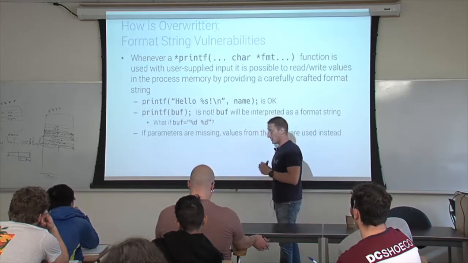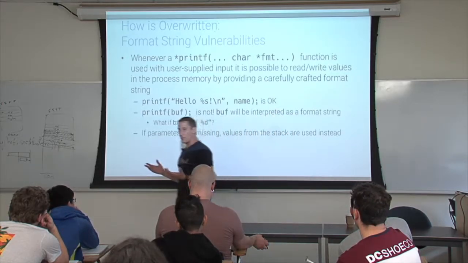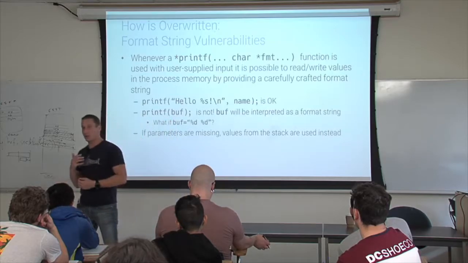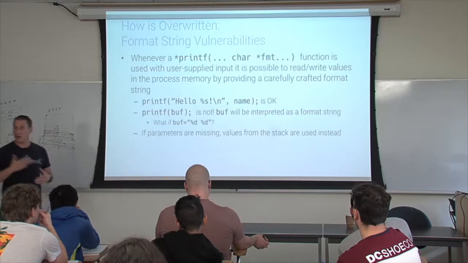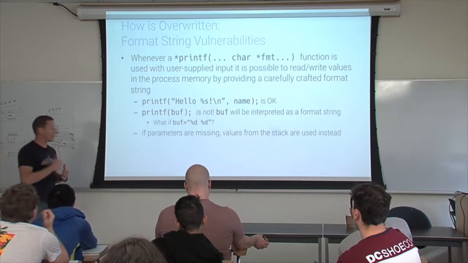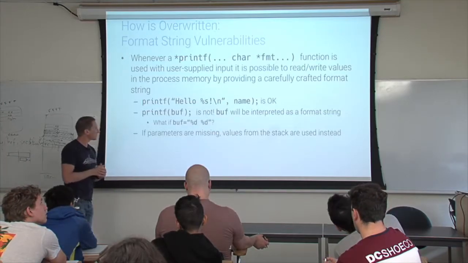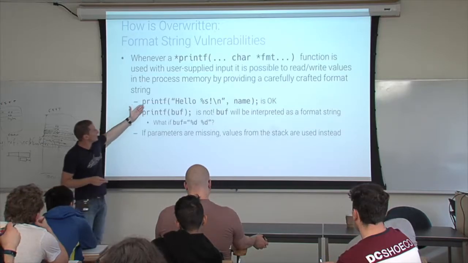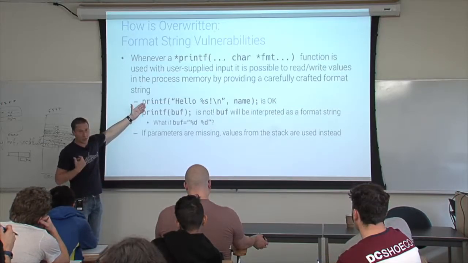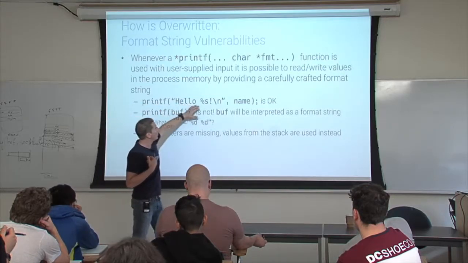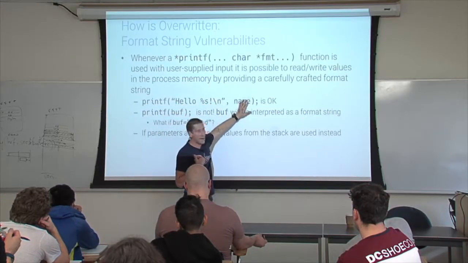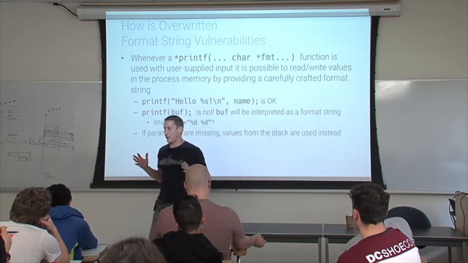It's the caller that knows how many parameters are passed and also does the cleanup, with the disadvantage that you have to do the cleanup in every location of the call. But the callee doesn't know much about it. So if you do printf with a hello string and a name that matches, perfectly fine.